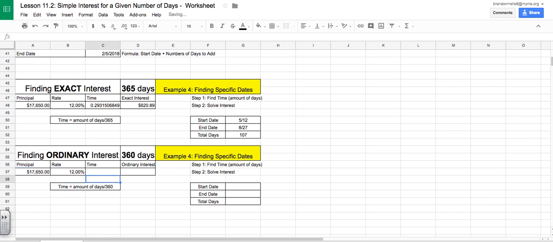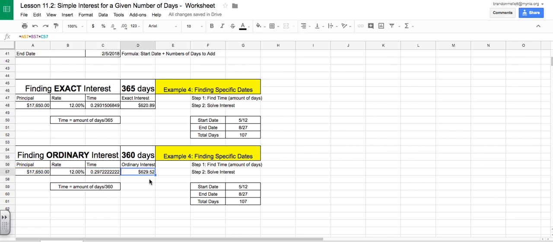The principal is the same, and the dates are the same. But this time, instead of dividing by 365, we divide by 360. The formula to find this is again principal times rate times time.